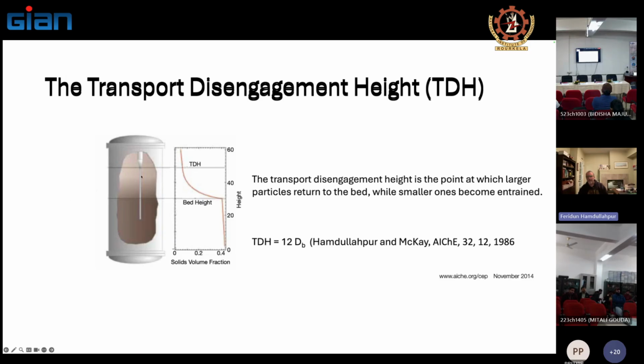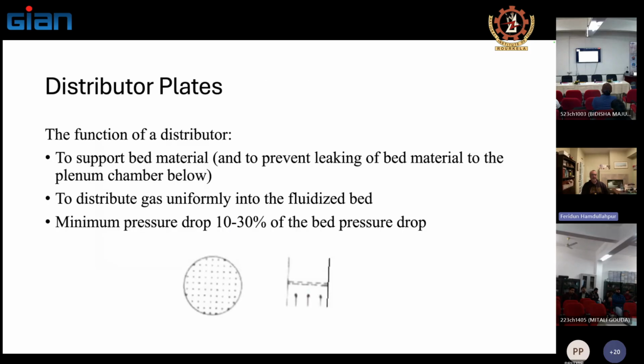Therefore, you no longer have any reactions here. This is the best prediction so far: the transport disengagement height should be 12 times the diameter of the bubbles erupting at the bed surface. So again, a good design parameter for you to have.